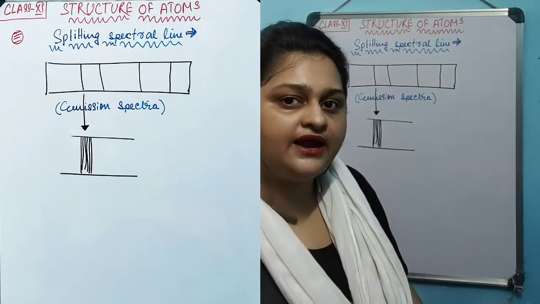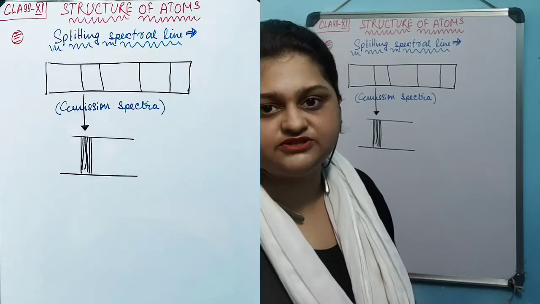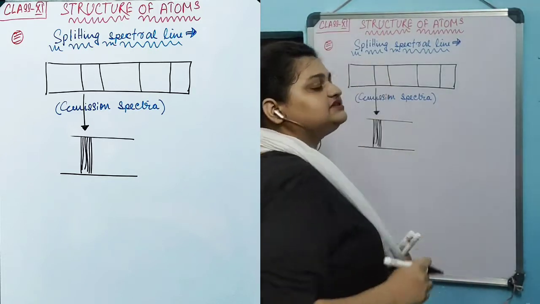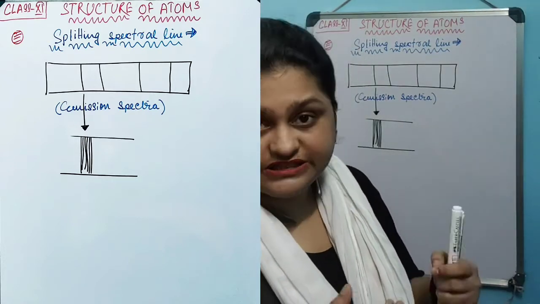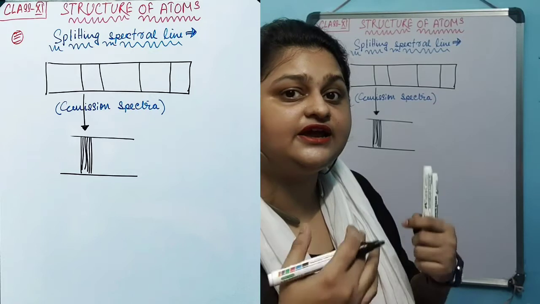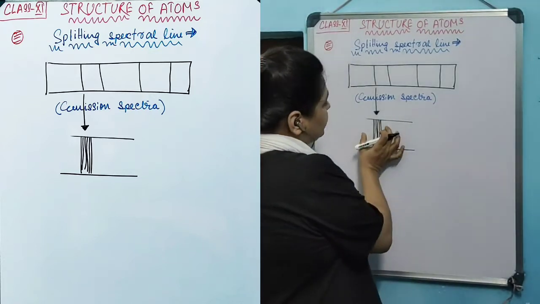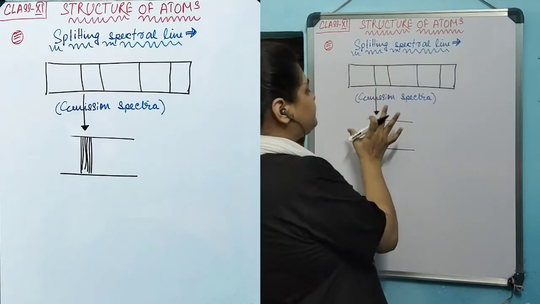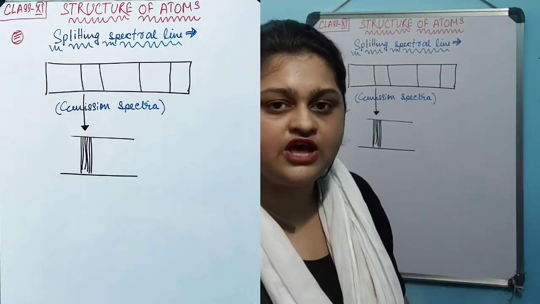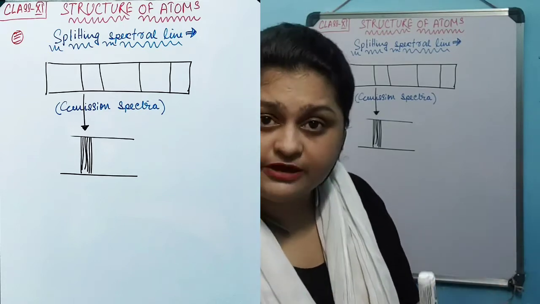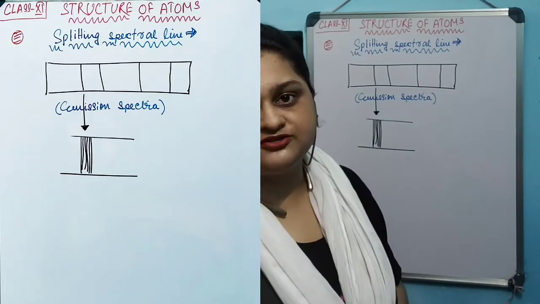With a low resolution power spectroscope, we get a single line. But when we use a high resolution spectroscope, by enlarging this position we can see that these spectral lines are a combination of numerous closely packed spectral lines. This is known as splitting of spectra.